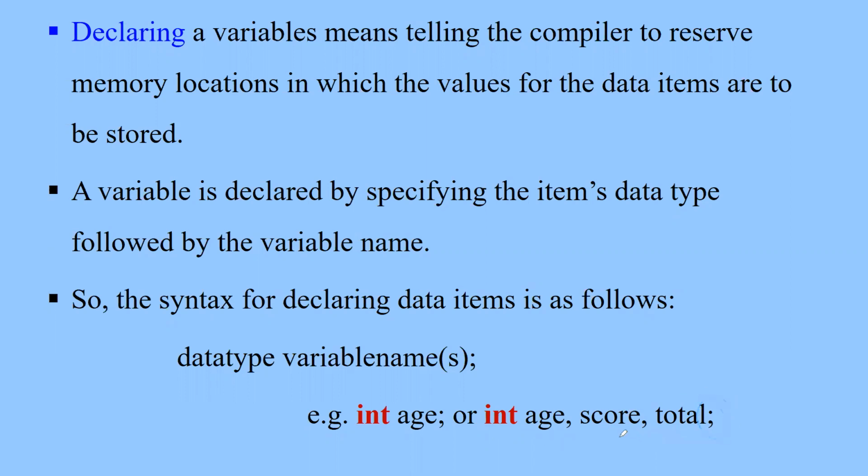So you can declare several variables using the same statement. But remember to separate each of those variables with a comma if they are going to hold data of the same type, for example, whole numbers.